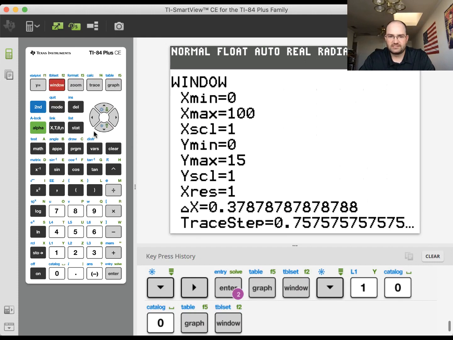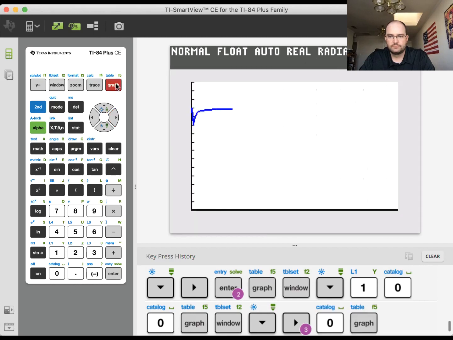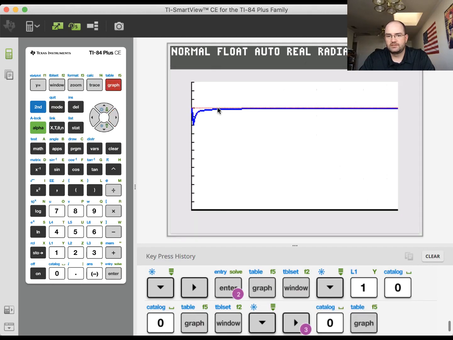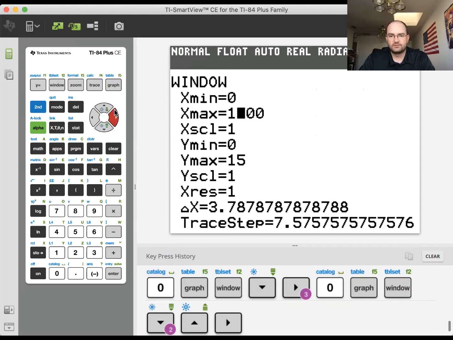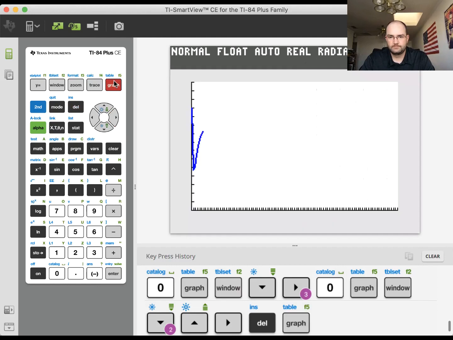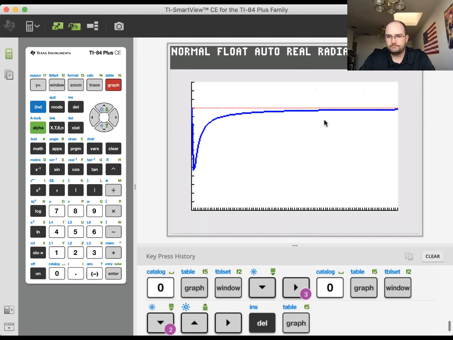So if we extend this to 1,000, yeah, it does start appearing that it's pretty much exactly what it was to begin with. So probably after 30 or 40 or 50 weeks or something like that, it's pretty much indistinguishable from what it was originally. But it takes a while for that to happen. So let's go back to the 100 so we can see that again. There we go. Yeah, so it takes a little while.